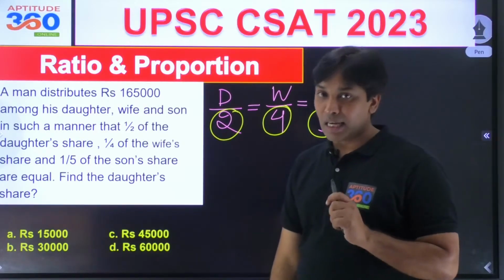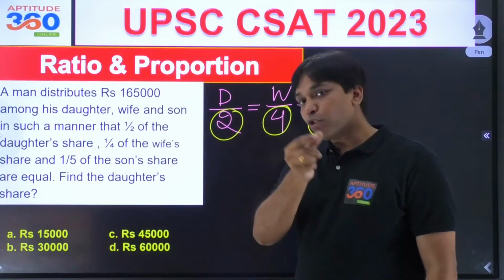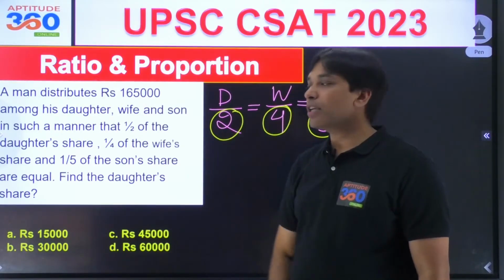These values are same. Can I find out the ratio of daughter, wife, and son? अगर वो रेशियो निकल जाए एक लाइन में तो हमारा काम चल जाए। Now understand this.